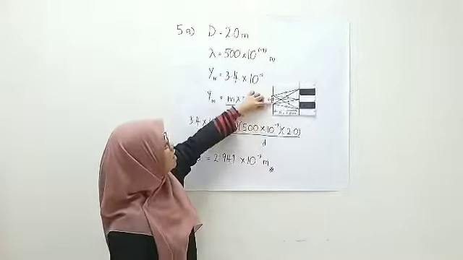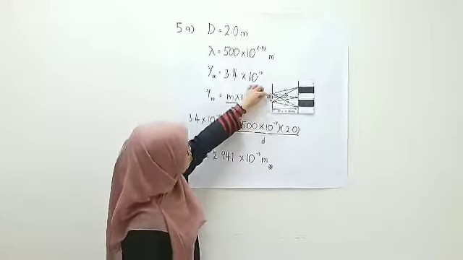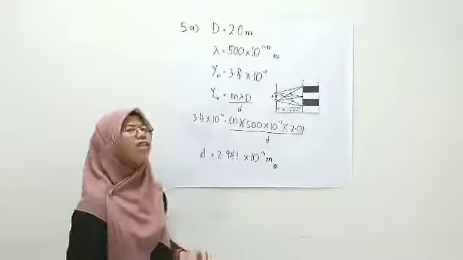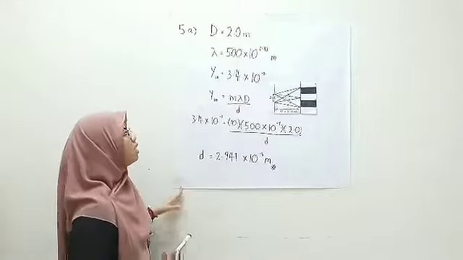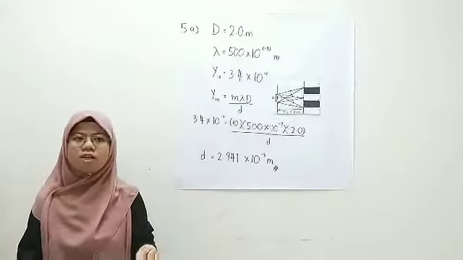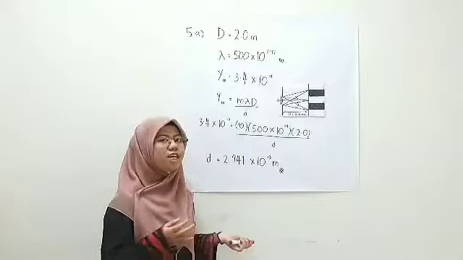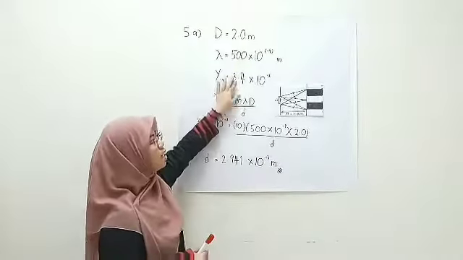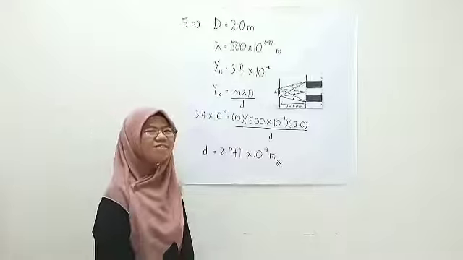This is the distance between the two slits. In the question, some values are not in SI units, so we must change them into the SI unit, which is meter. So that's all. Thank you.